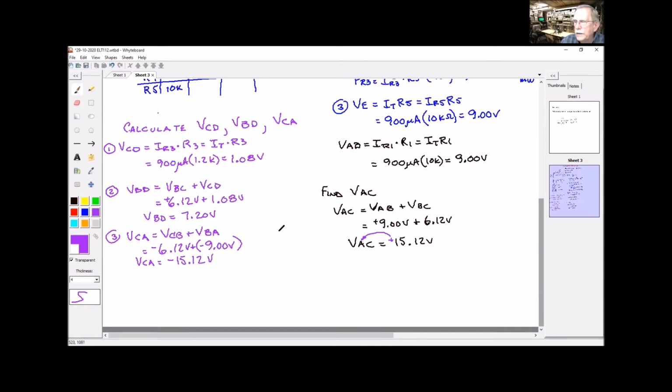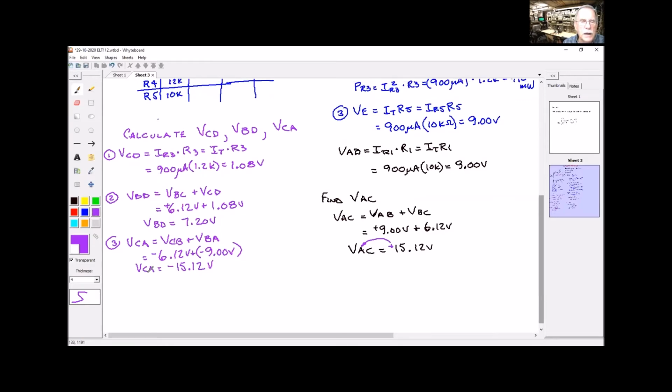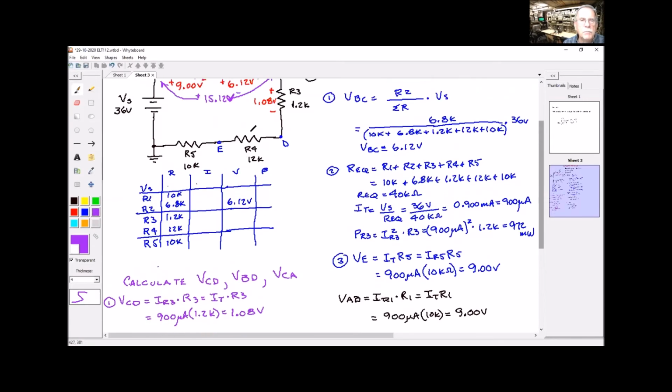Remember back when I said, if you think about a voltmeter, the first subscript is where you put your red lead, and the second subscript is where you put your black lead. So if I put my red lead on C and my black lead on A, I get negative 15.12.